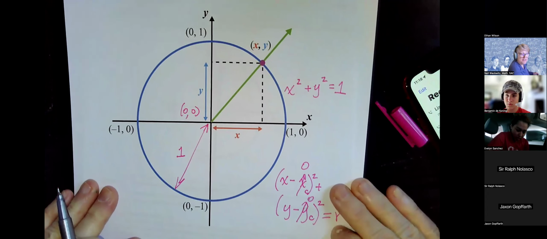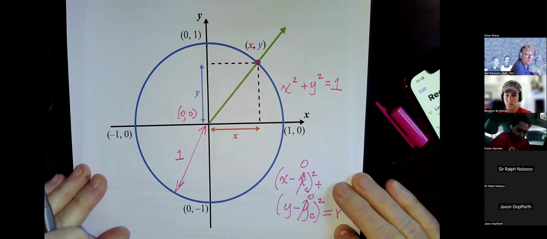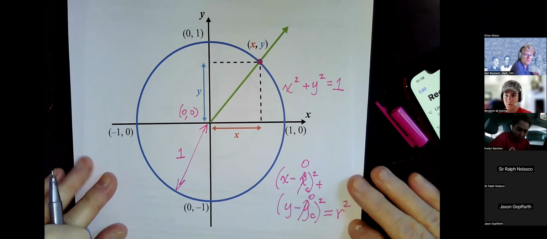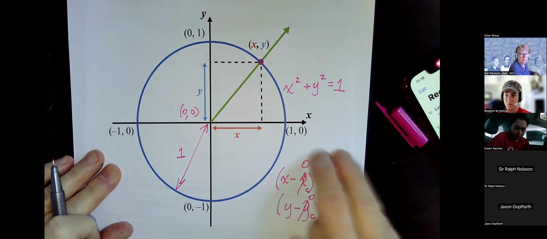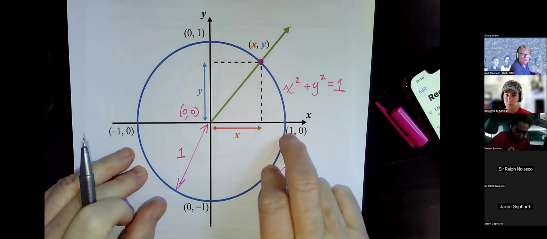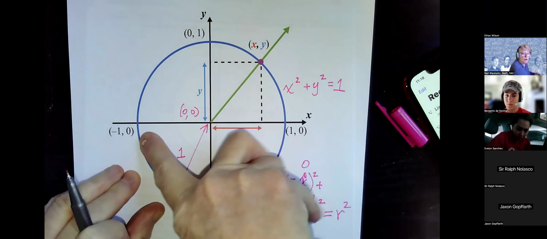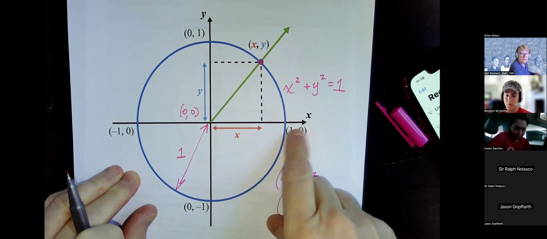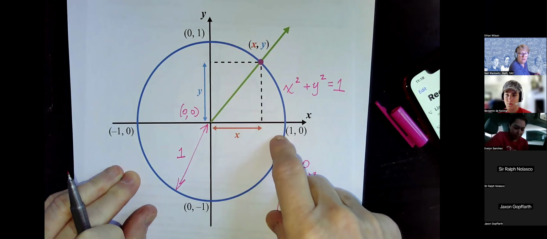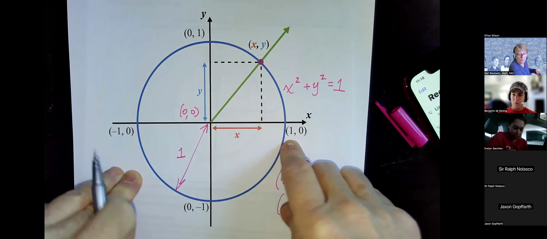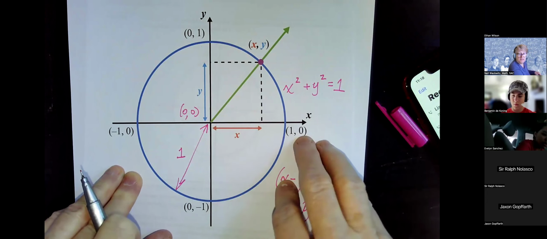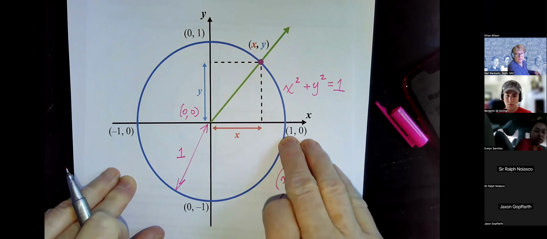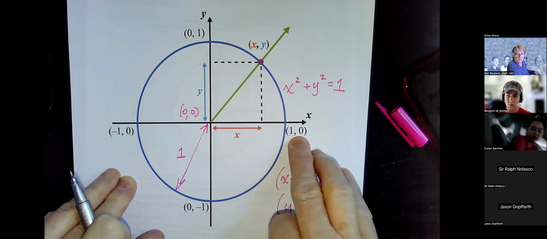And you would think that such a boring circle would not have that many uses. It's actually incredibly powerful. So first of all, let's take note of the 4 points that we already know, the places where the circle cuts the axes. The positive x-axis is 1, 0.